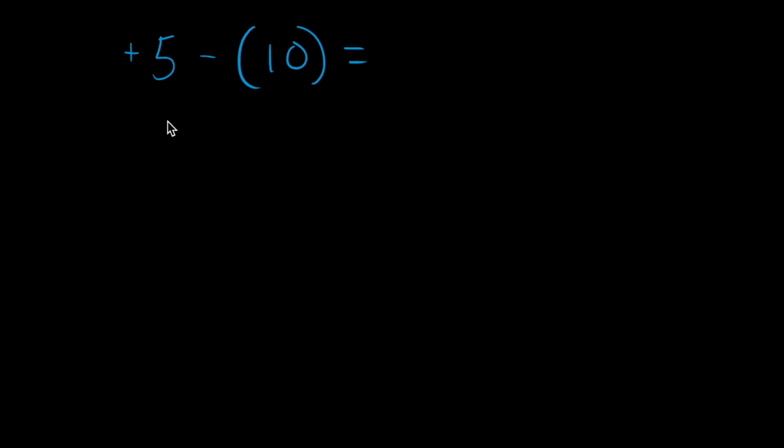Let's go ahead and write down 5 plus negative 10 because we changed the operation from subtracting to adding, and then we flip the second integer from positive 10 to negative 10. And now we are using the rule of sign for adding two numbers with opposite signs. And that states that we need to subtract.